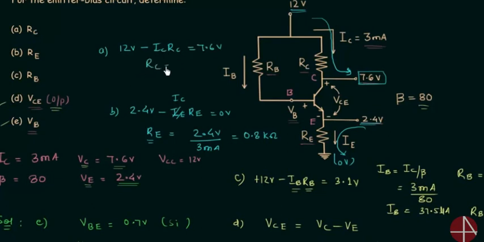So RC is equal to 12 volts minus 7.6 volts divided by 3 milliamps, and finally we have RC equal to 1.47 kilo ohms.